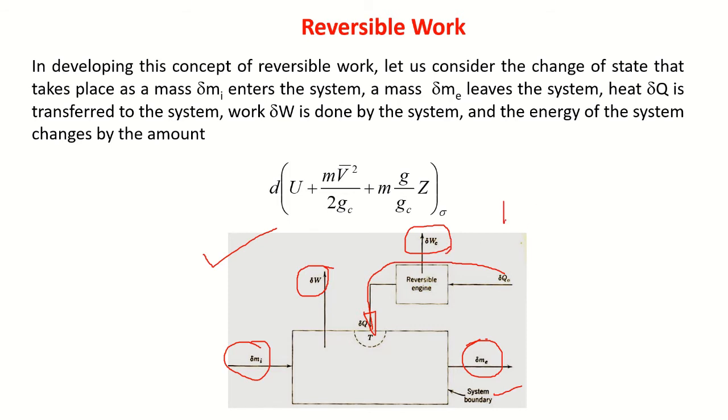So we call that W max is equal to W plus this W C. This is what I call the work done by the reversible engine. So we'll find out this, find out this, and add both of them.